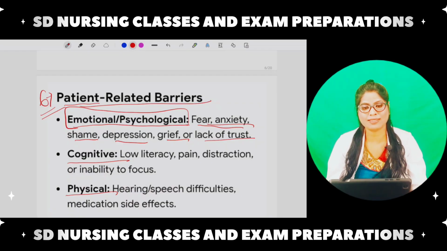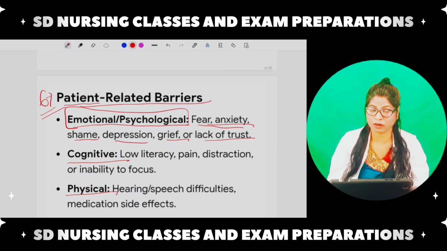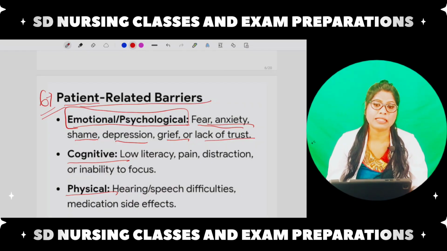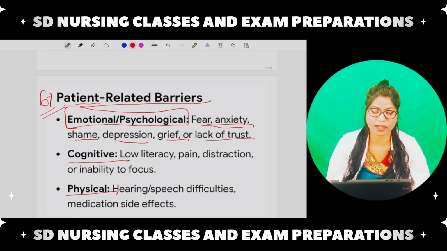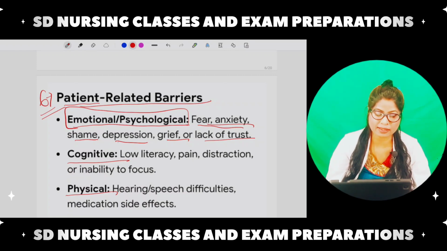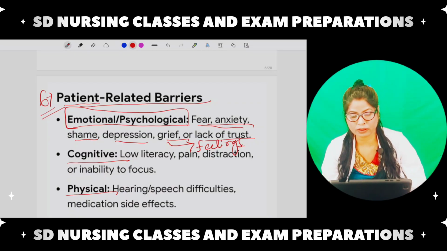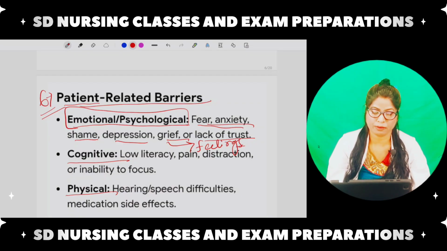So it is the responsibility of the nurse to manage everything so that no barrier occurs. The emotional barrier is the big barrier, the emotional and psychological barrier. This is all about the feelings of the patient that the nurse can understand.